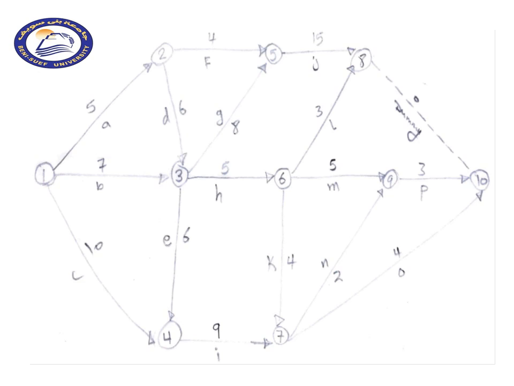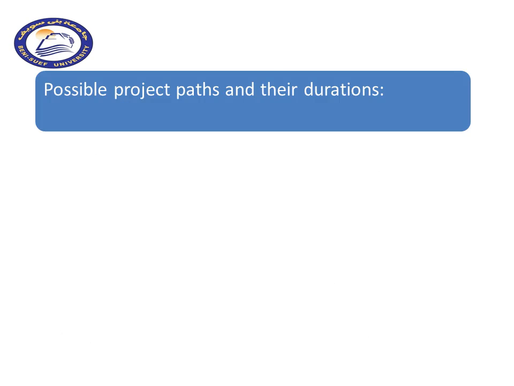Here we reached until node 10, but it's not a rule. It could be node number 5, node number 11, node number 15, according to the number of activities in the project. From the network we can know or figure out the possible project paths and their durations in order to specify the critical path.